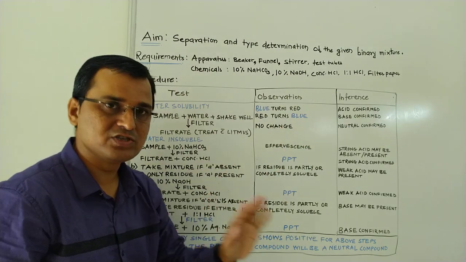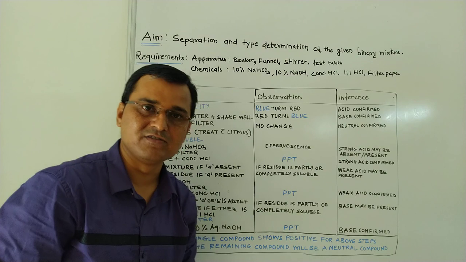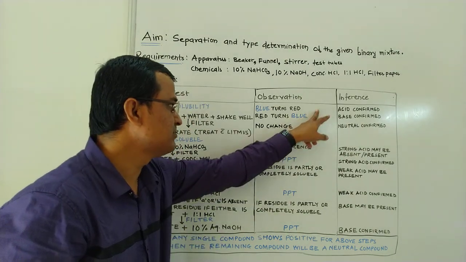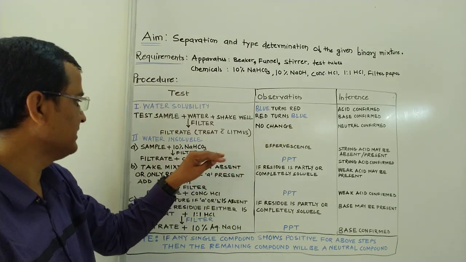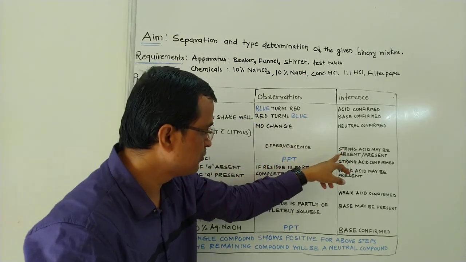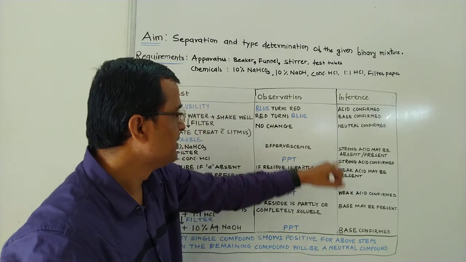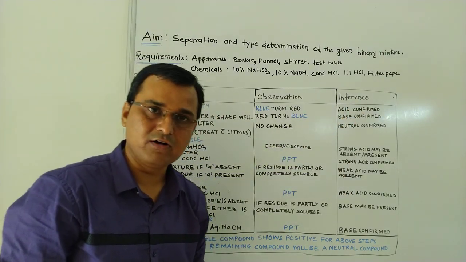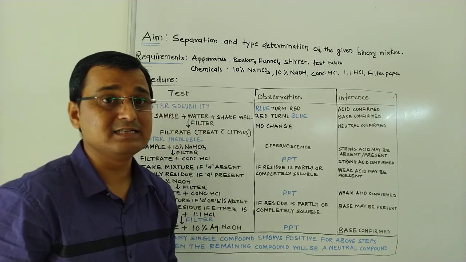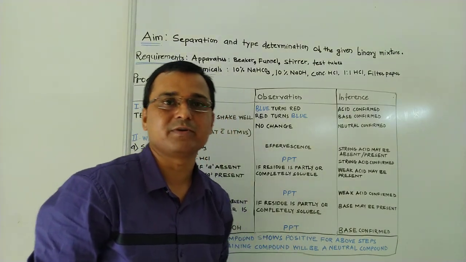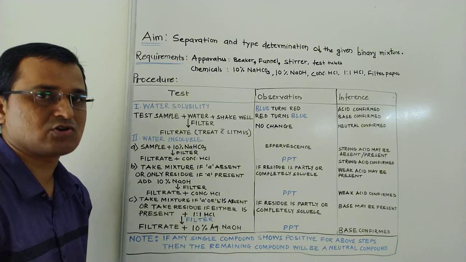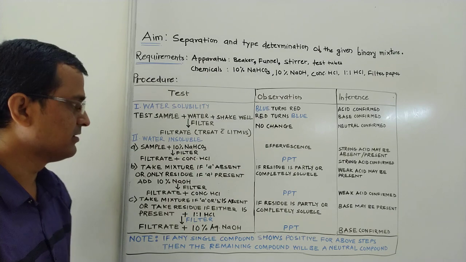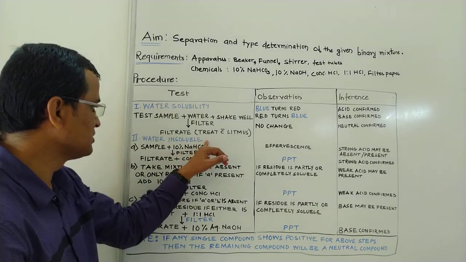If there is no change in the color, then it will be neutral. One more thing on the basis of the litmus test: in the case of a water-insoluble sample, you may see strong acid or weak acid, but with litmus we cannot confirm whether the acid is strong or weak. We can confirm only the presence or absence of acid, not a strong or weak acid.